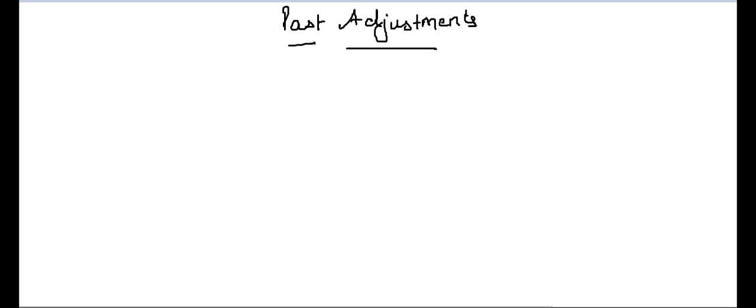We have to edit something, we have to amend it. For that we pass one single entry rather than opening all the books of accounts. Clear? So let's see a practical problem on this.